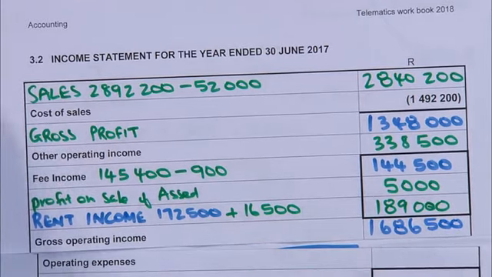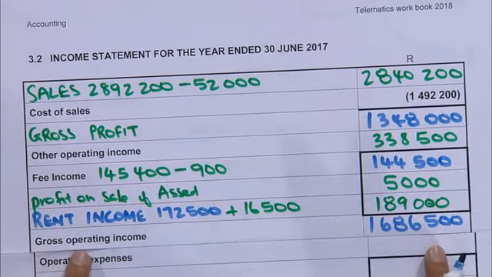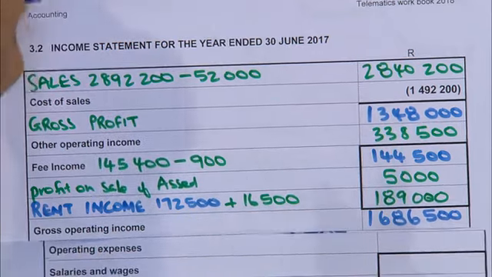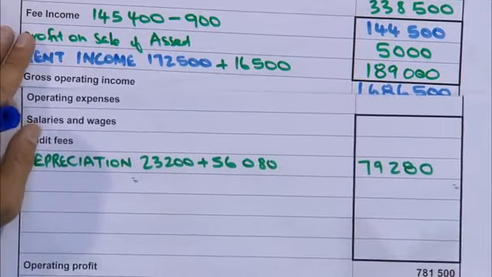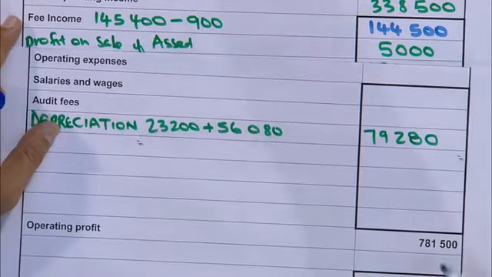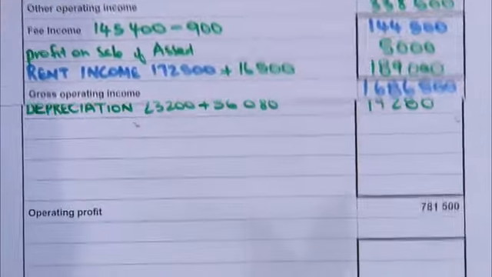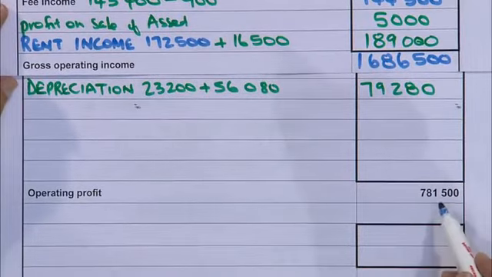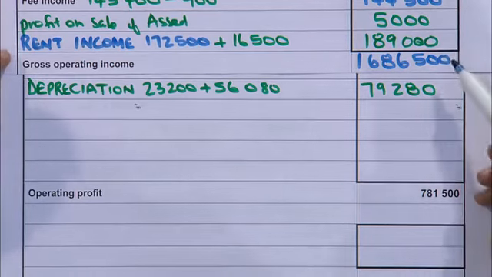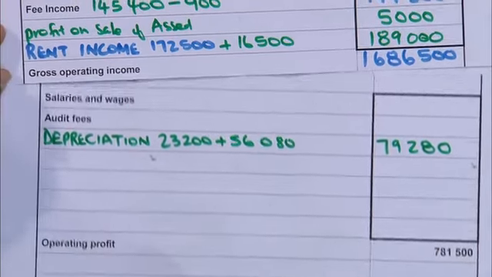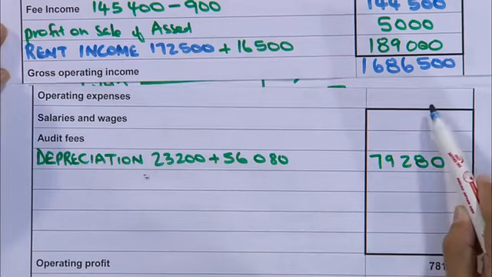Okay, so we have a total of the gross income, 1,686,500. But I see in the answer book, they have a total at the bottom on the line where it says operating profit. And the operating profit is the gross income figure that we have just calculated now, minus the total of the operating expenses.